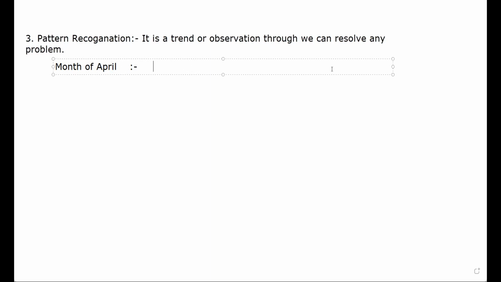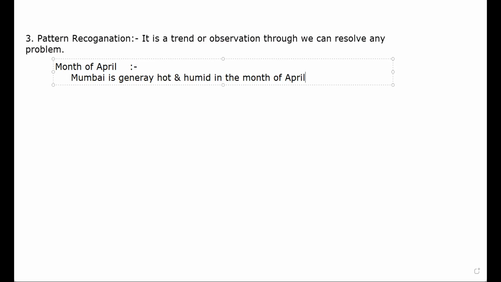So we need to understand that Mumbai is generally hot and humid in the month of April. But obviously, my dear student, you have to get this information from the internet.